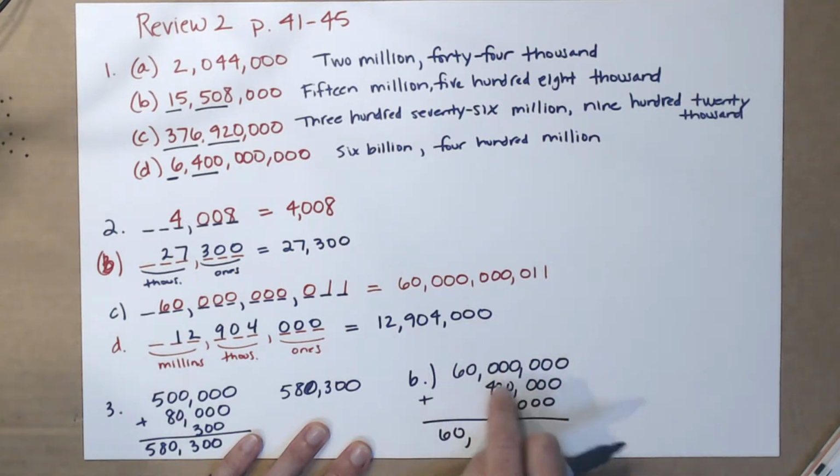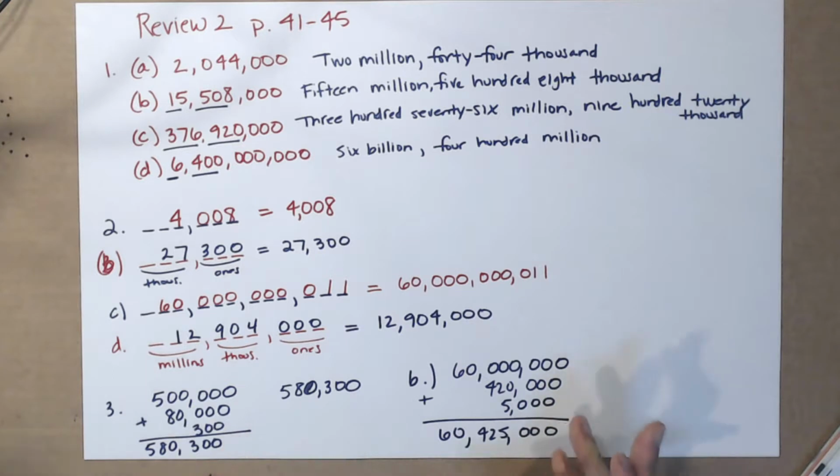For our thousands, we have 420, and then we have 5, so 425,000. Or you can just do that in your head, noticing that 60 million is the only thing in the millions place, and then we have 420 for the thousands and also a 5 for the thousands, so 425,000. 60,425,000.